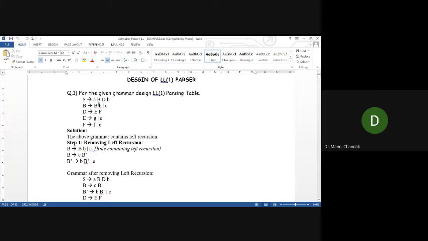Yeah. So now you can see that some sort of grammar is there, and a parsing table is to be constructed. I'm not touching the GATE examples right now, but in the next 5 minutes, I'll finish off this, and then we can come to the GATE questions. Okay. So here we have some grammar.